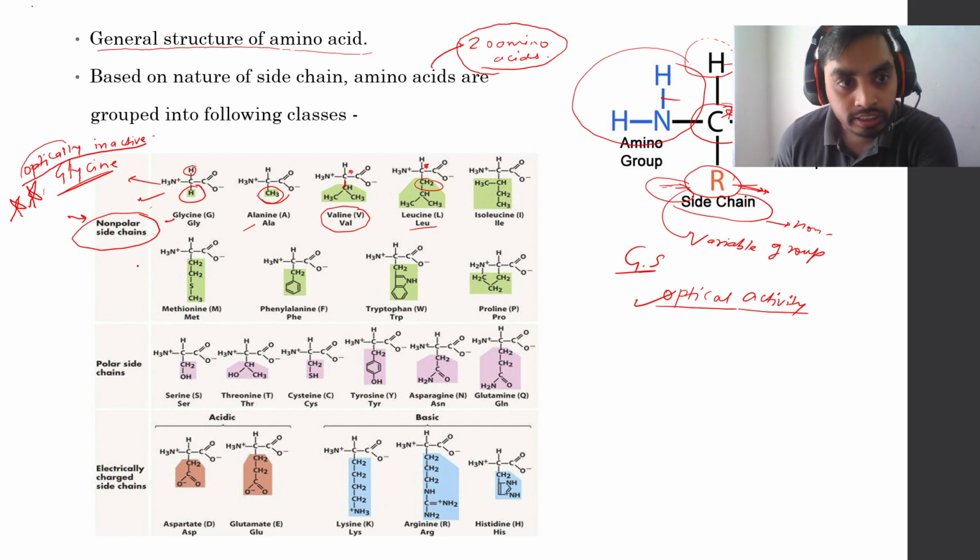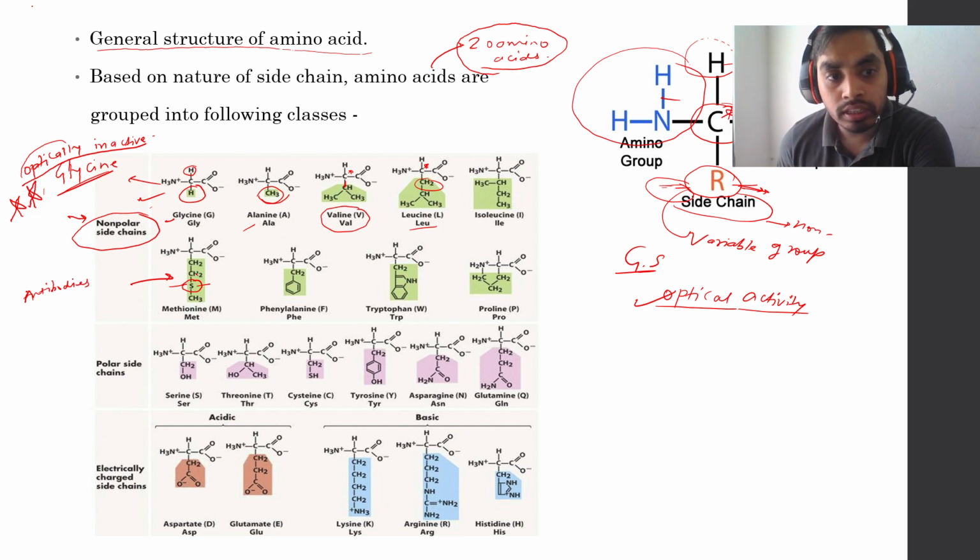Now this one is also important, methionine. In case of methionine, there is a sulfur group, and I will tell you the importance of the sulfur group when I discuss the protein part. The sulfur group has free valency, so it can form sulfide bridges. In case of antibodies also there are sulfide bridges.